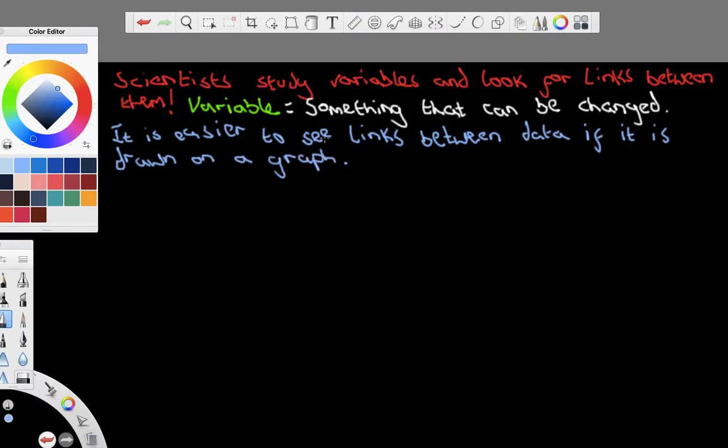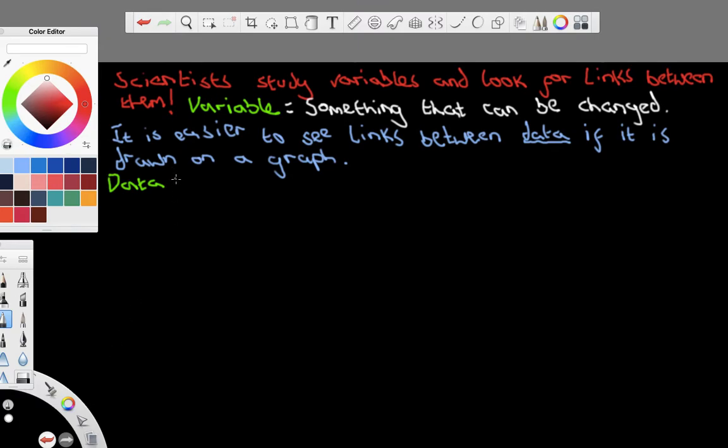Okay? Now, data is a word that pupils and people in the general public often get confused. So that's going to be our second keyword, data. Remember, all keywords are written in green. You need to be able to define them and use them.